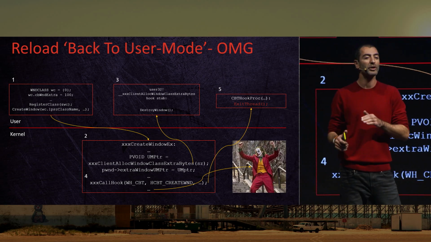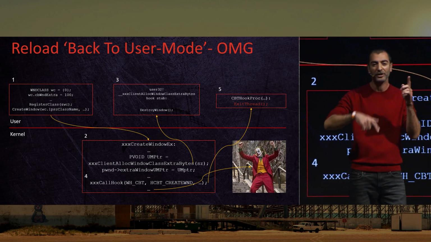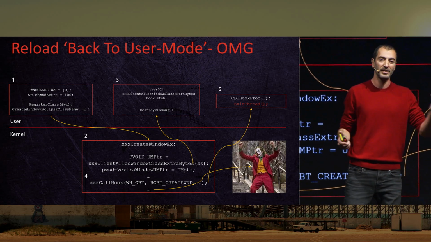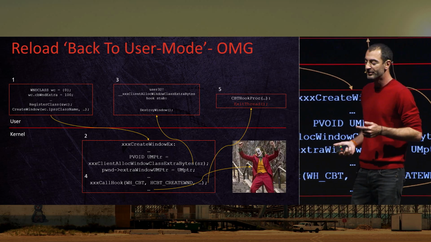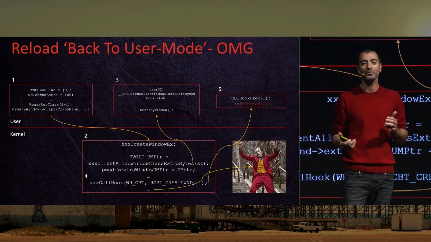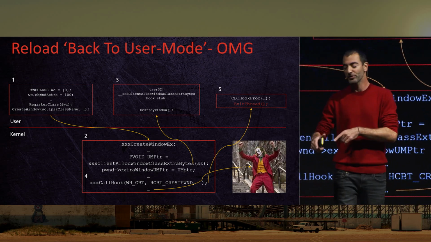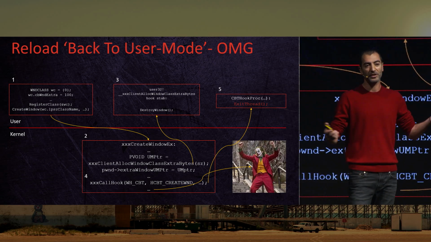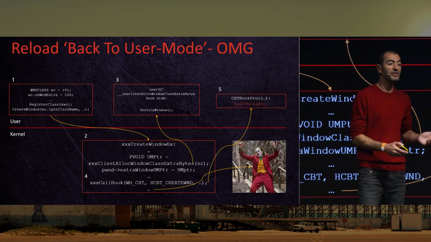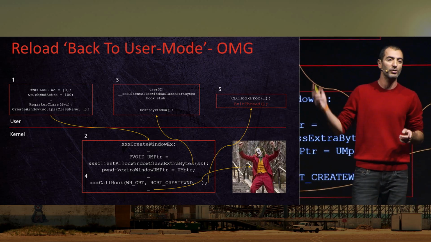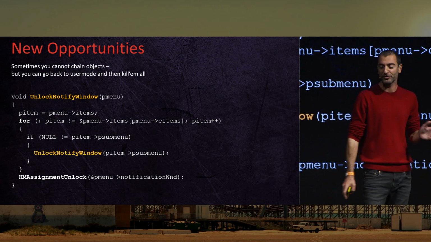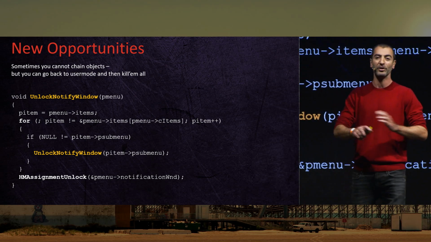The only way to do it, without somebody coming in between the rest of the window creation and resetting my pointer, because then it's not going to work at the last reference, is by calling exit thread. So I actually kill the thread in the middle of the initialization. The user mode pointer keeps pointing to my user mode memory. And then at the last reference, it's going to call me to free it.